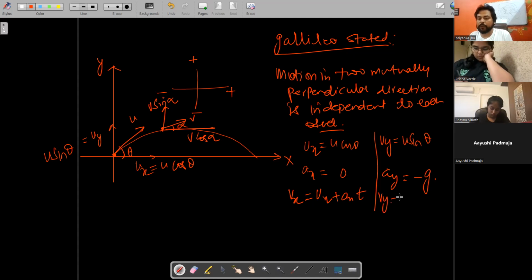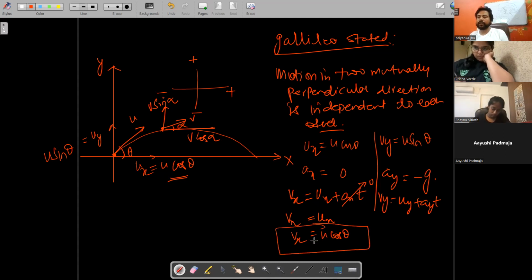And vy equal to uy plus ay into t. Now you can see that there is no acceleration along x-axis, so this term will become 0. So vx will be equal to ux, and ux you had as u cos theta only. So you can see one thing, in projectile motion, the horizontal component will remain constant at every time, right?